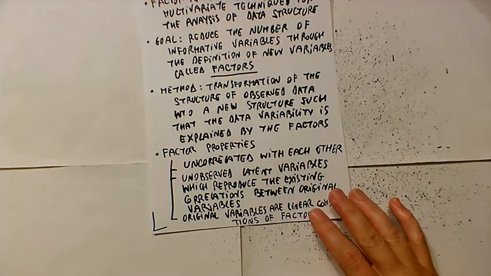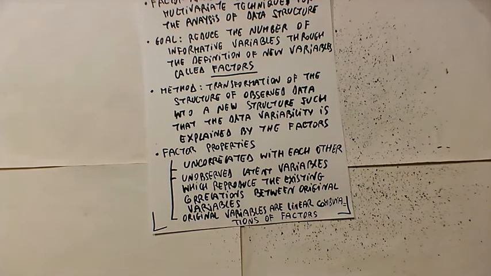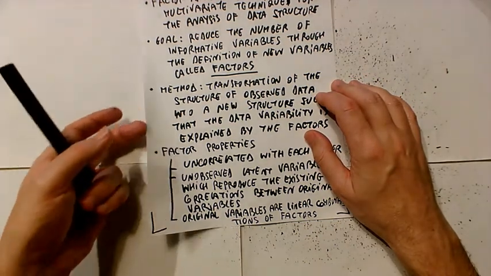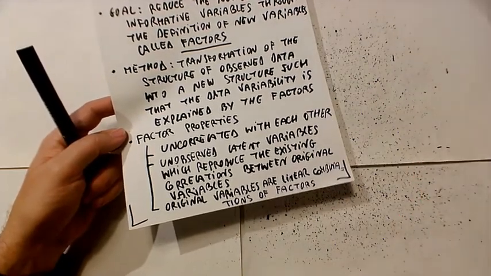So the starting point is a set of linear combinations of the factors in order to explain the original variables as functions of the factors. And this is another important aspect that characterizes factor analysis.